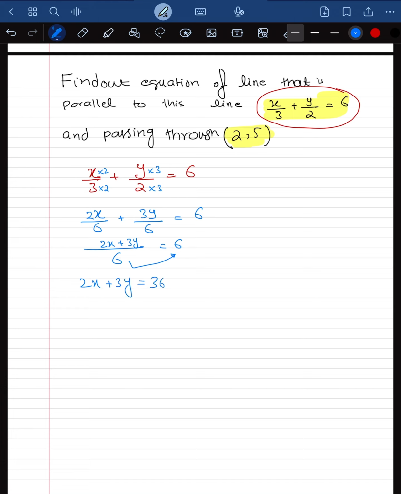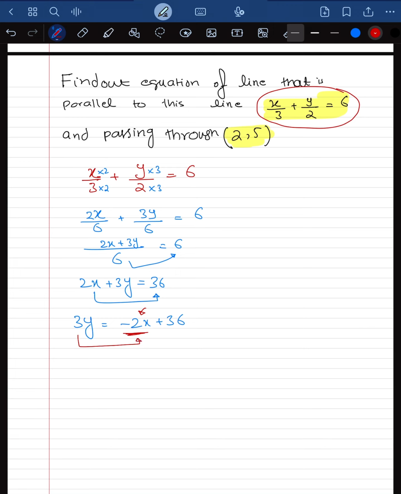Now we shift all the quantities to the other side, so this will become negative 3y is equal to minus 2x plus 36. You can notice that I have written the minus 2x at the first, because we always write the x quantities at the start of the equation.